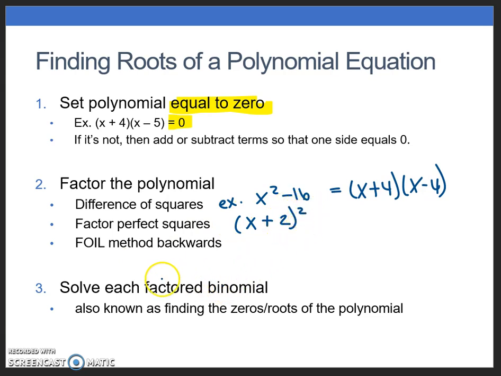It's the same binomial. Or we could use the FOIL method backwards, where you're trying to find the two numbers that multiply to get the last term, but add to get the middle term. Once you have it factored to your two binomials, then you solve each factored binomial. And that's known as either finding the zeros of a function or the roots of a polynomial.